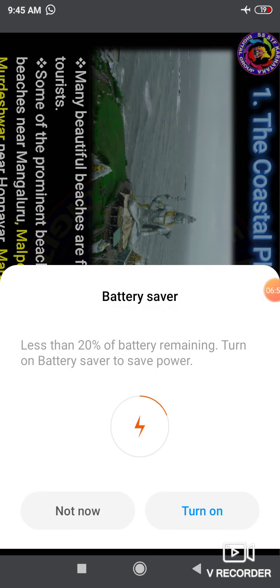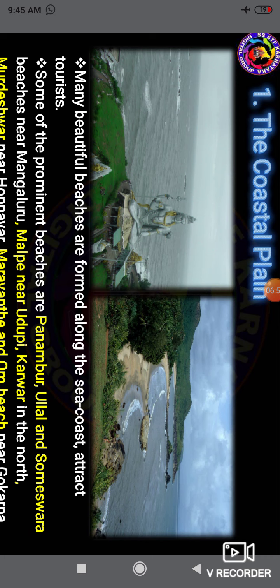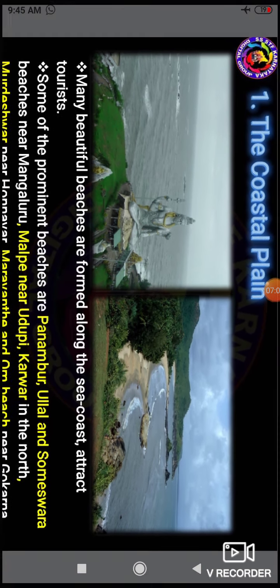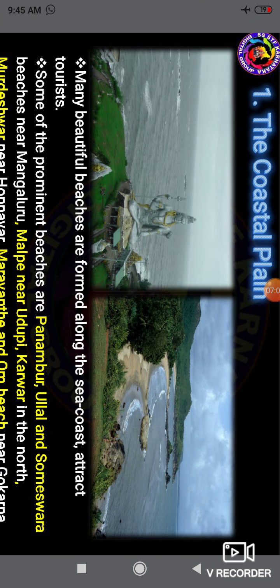Some of the prominent beaches are Panambur, Ullala and Someshwara near Mangalore, Malpe near Udupi, Karwar in the north, Murdeshwar near Honnavara, Maravante and the Om beach near Gokarna.